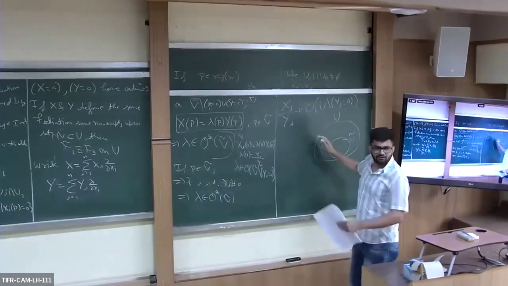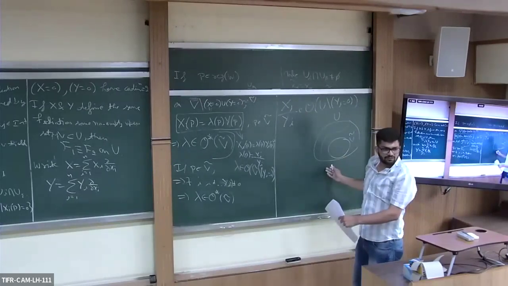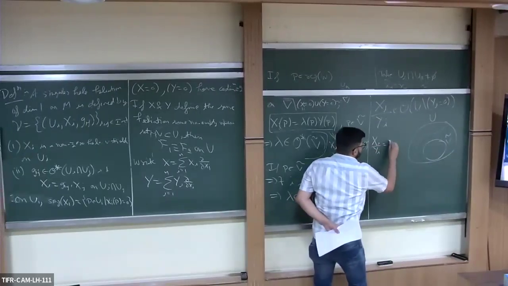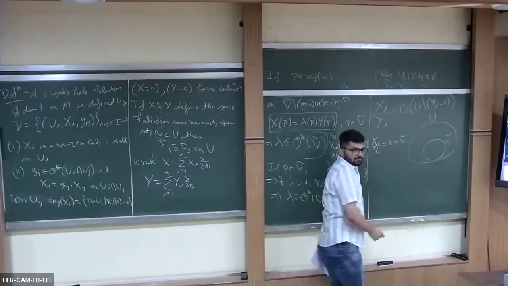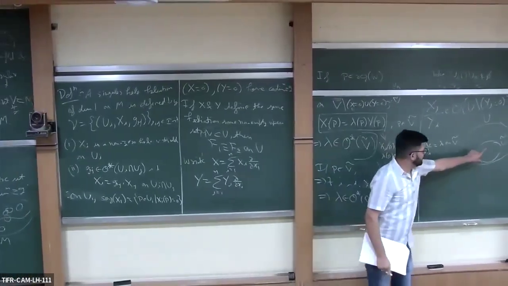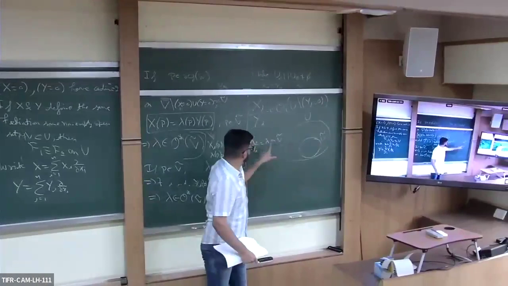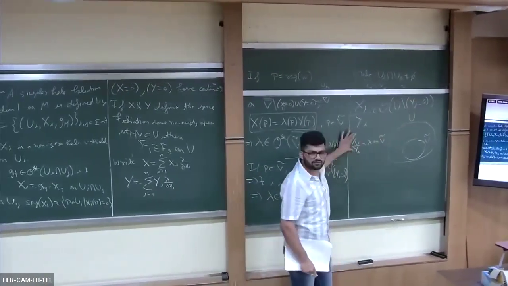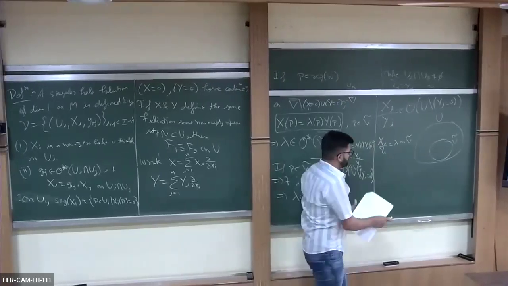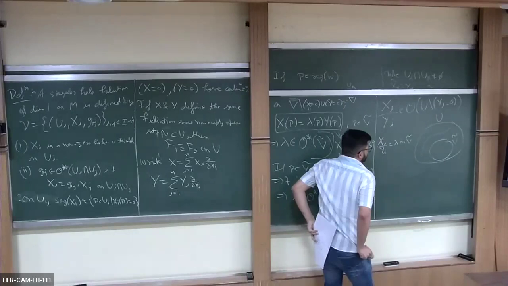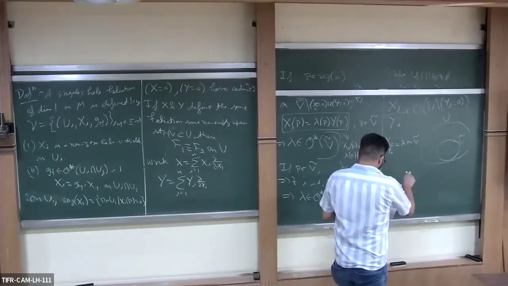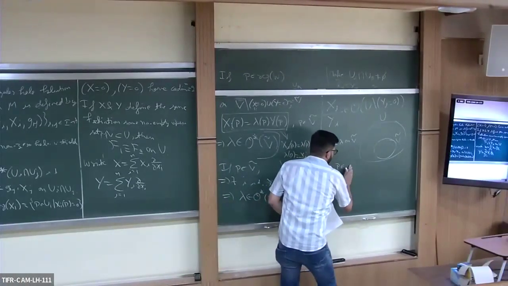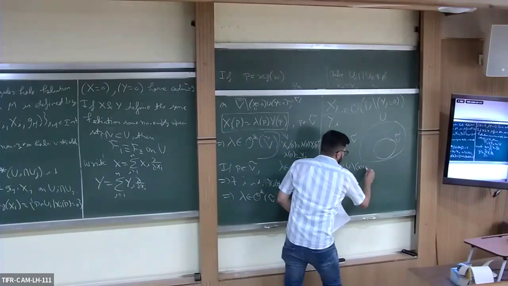These functions are defined on a much bigger set, not in V tilde only, and xi over yi is equal to lambda on V tilde. So we have an extension of lambda to a bigger set, U minus the zero set.